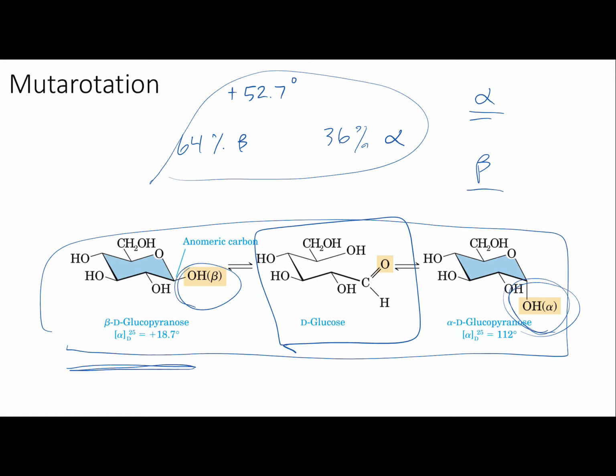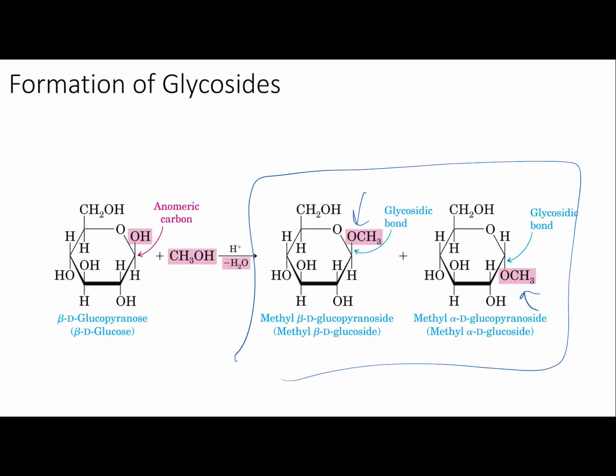It opens and then it closes again, and it can go back and forth in which anomer you have. But once you get your acetal, it stays an acetal. So mutarotation doesn't happen. We don't get betas turning into alphas anymore, okay? These glycosides are pretty stable in water and in basic solutions. Usually in acid, though, these things can be hydrolyzed.